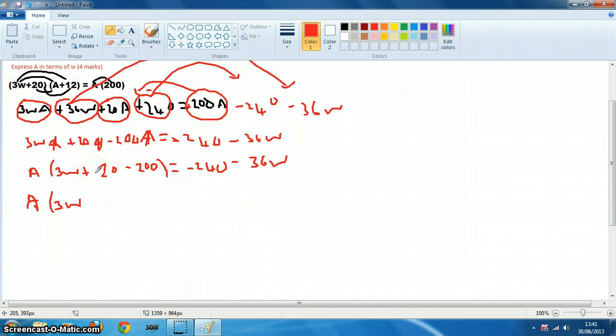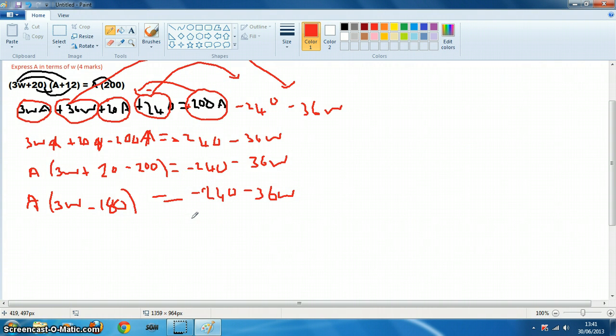So positive 20 take away 200 is minus 180. Then minus 240 and 36W stay as they are, because there's nothing common between them.